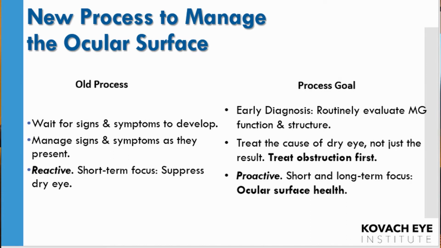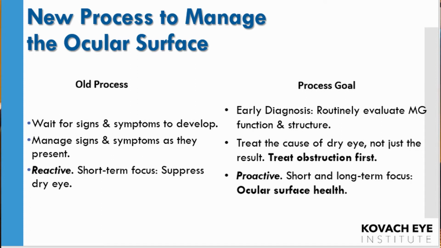This room is full of very competent primary eye care providers, and part of being a good primary eye care provider is looking for things that the patient may not know they have. That's where focusing and honing in on ocular surface disease is very important. Treat the cause of the dry eye, not just the result.